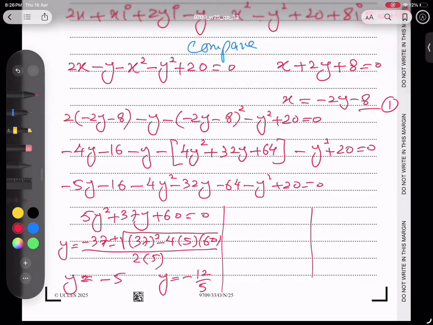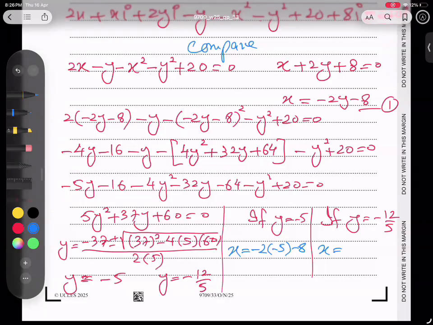Now students, what I will do, I will put both values one by one in this. So I'm using here x is equal to negative 2y, negative 8. I'm writing once again: if y is equal to negative 5 and if y is equal to negative 12 over 5, I'm going to replace one by one in the top formula, which I'm writing in blue color. x is equal to negative 2 times the y value and negative 8.